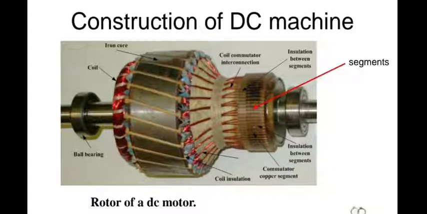And the coil returns on the other side using another slot. And the ends of a coil are connected to a particular pair of segments on the commutator. Even if you don't fully understand the construction, at least this pictorial view will help you in understanding how these things will look if you open them up.